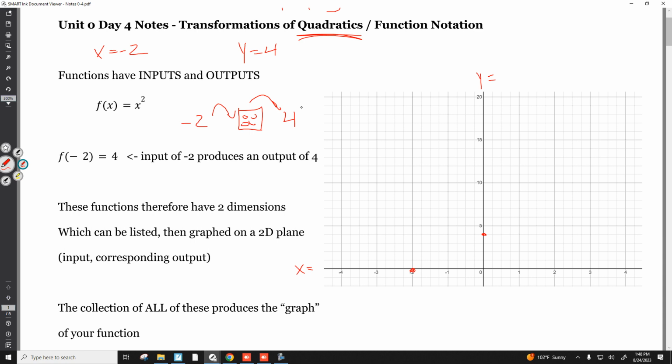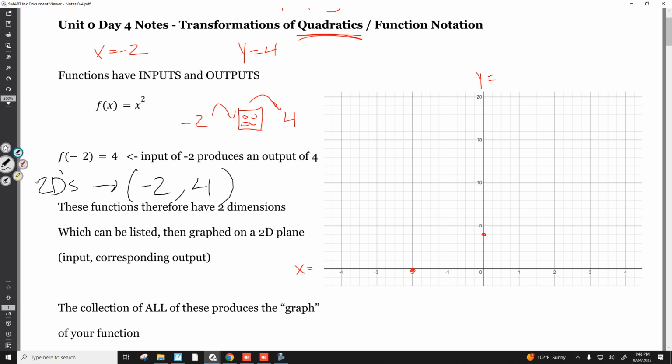Now what we get is a connection, a marriage of 2 numbers, an ordering of 2 numbers, an x value that is also connected to a y value. This, my friends, is 2-dimensional.